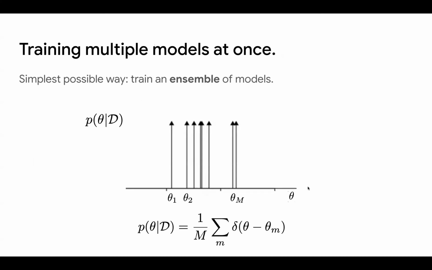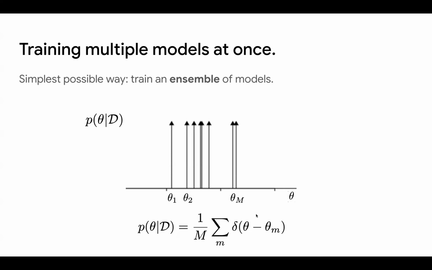So what is a good example of that? Let's start with a simple example. You can train an ensemble of models, and you can claim that this is Bayesian. In that case, you can think of your posterior distribution to be a sum of Dirac deltas. In this case, M Dirac deltas, right?